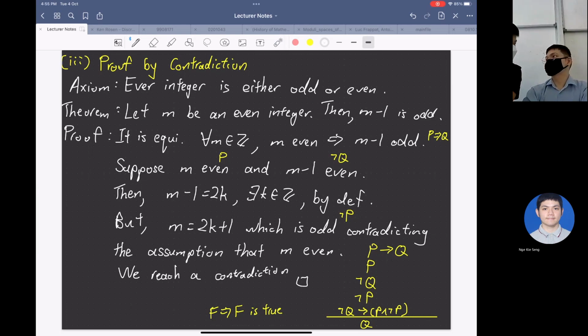Do you know what a proposition is? Yes, a statement which is true or false, but not both.